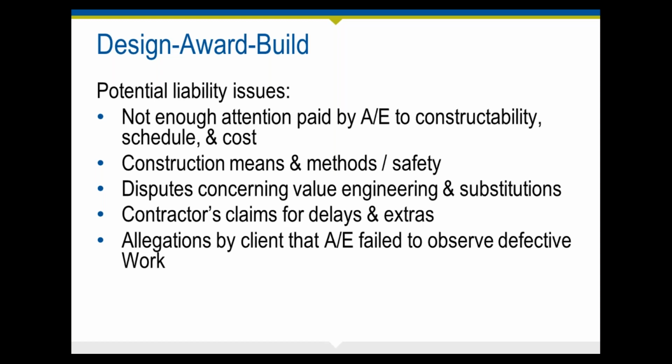The alleged wrongful failure of the design professional to approve contractor value engineering proposals or substitutions may lead to issues for the client not being able to realize cost savings because the design professional is not properly evaluating the substitutions that are being suggested by the contractor.